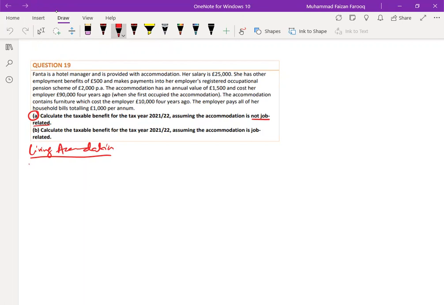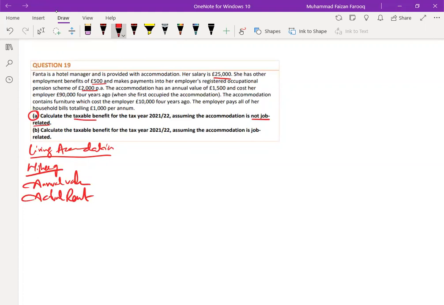We know higher of annual value or actual rent. Now, salary is 25,000 pounds. She has other employment benefit of 500. She is contributing to an occupational pension scheme of 2,000.